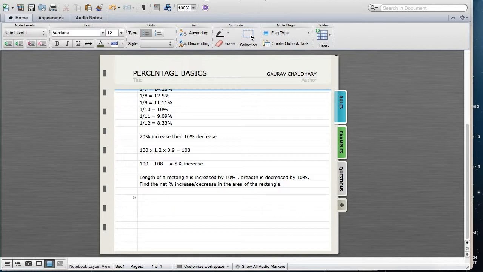For this we'll use a formula: a minus b minus ab upon 100. So if a value is first increased by a% and then decreased by b%, then we can find the net percent increase or decrease by using this formula.